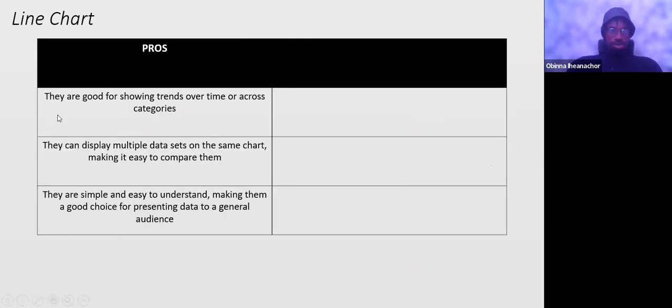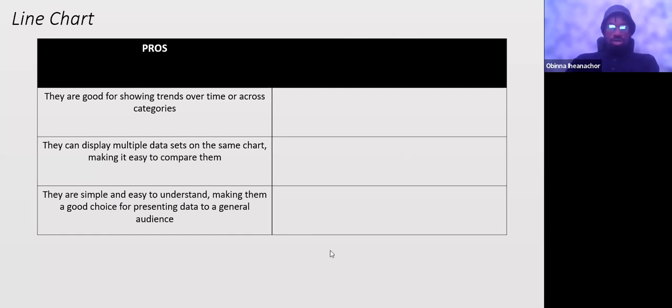So the pros: they are good for showing trends over time or across categories, and can display multiple data sets on the same chart, making it easy to compare them. They are simple and easy to understand, making them a good choice for presenting data to a general audience.